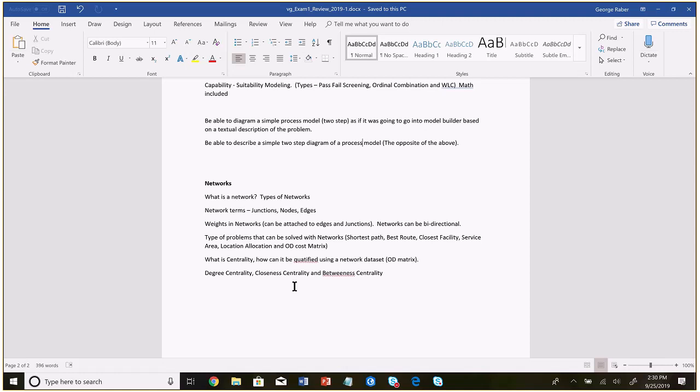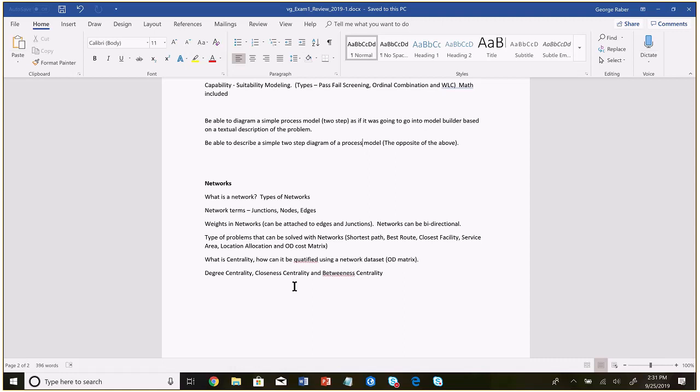So you do need to know the fact that a network can have flow in either direction. In order to model that, we didn't actually show how to build a network, but you'd have to have an edge. Every edge could have a from and a to cost associated with it.